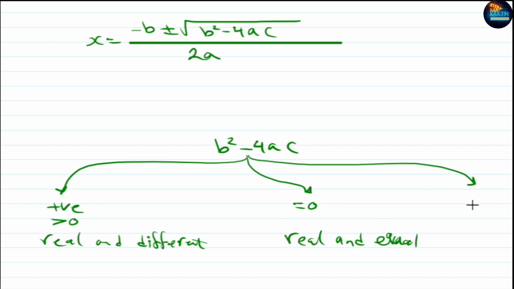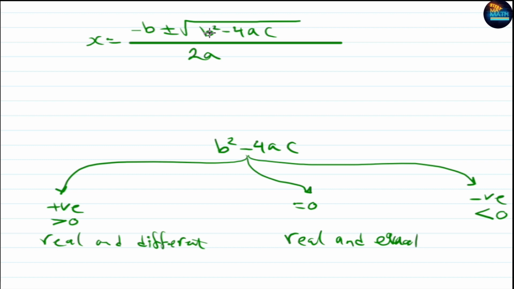And the third case is when b squared minus 4ac is negative, I mean, smaller than 0. When the discriminant is less than 0, now we have an imaginary part because it's negative underneath the square root.